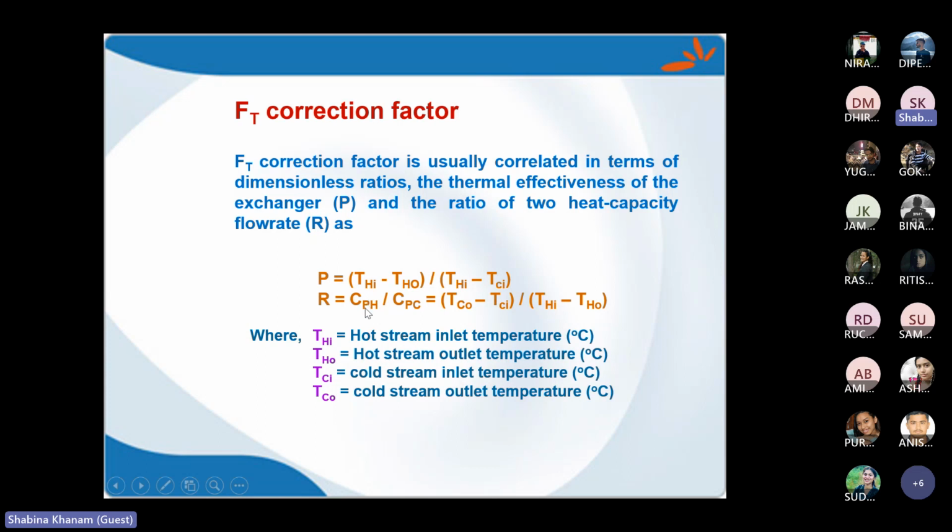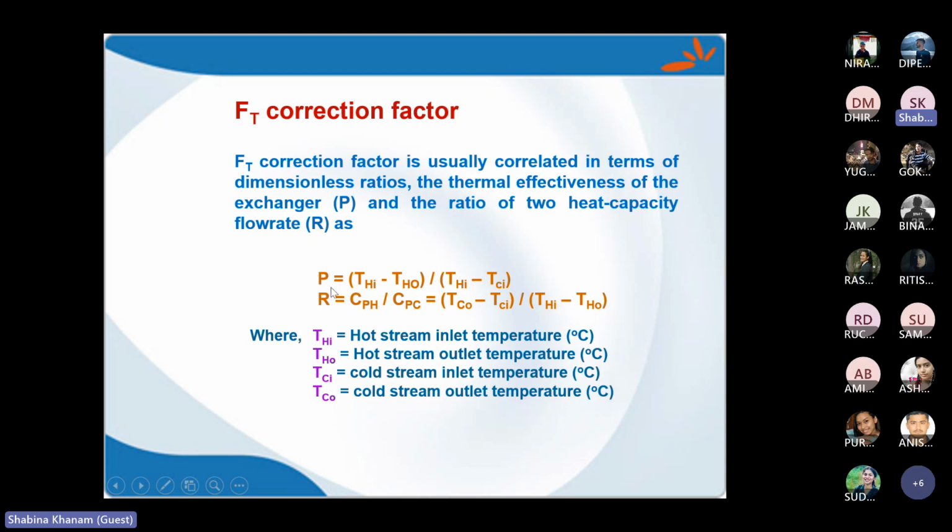Okay, this capital C is basically MCP of hot fluid divided by MCP of cold fluid, right? So with heat capacity flow rates, because MCP is over here, we will remain with temperature difference only. So here I have TCO minus TCI divided by THI minus THO.